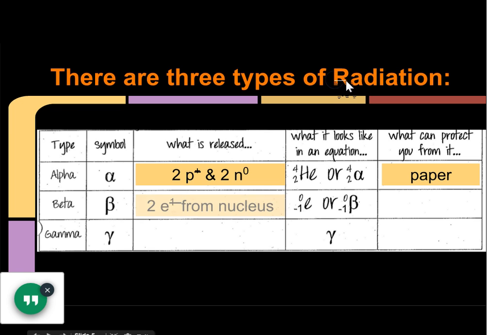Beta is going to be electrons from the nucleus. That's going to look like these over here, but there'll be 2 of them. You'll have a little e, and then the mass of that is 0, and then the charge of that is -1. Those are going to be smaller particles, right? Because electrons are tiny.